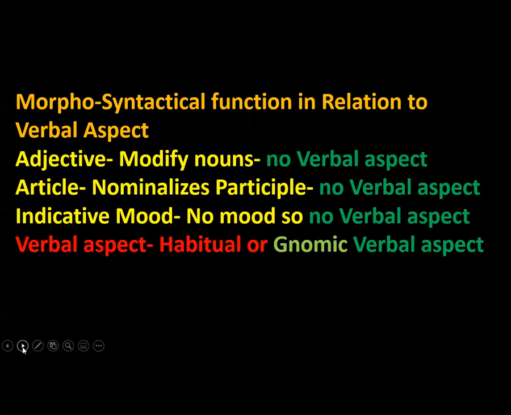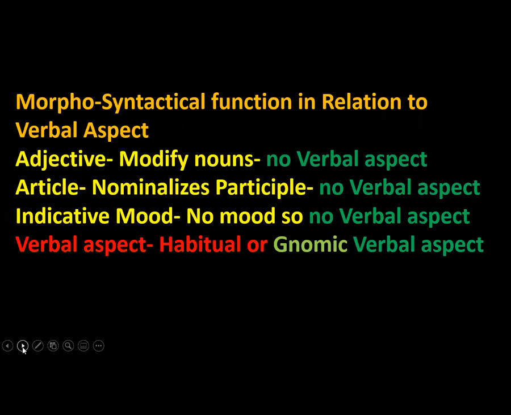Okay, so that continuum is key to understanding this paper. Whenever we're interpreting a substantival participle, there are several different morphosyntactical functions from other parts of speech that are involved as it relates to verbal aspect. For example, a substantival participle is an adjectival participle acting like a noun.